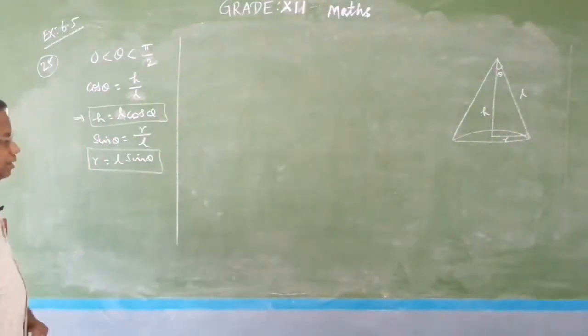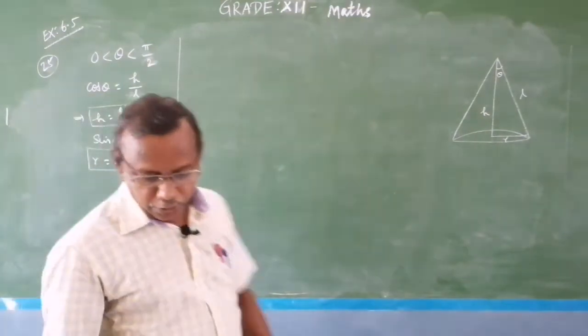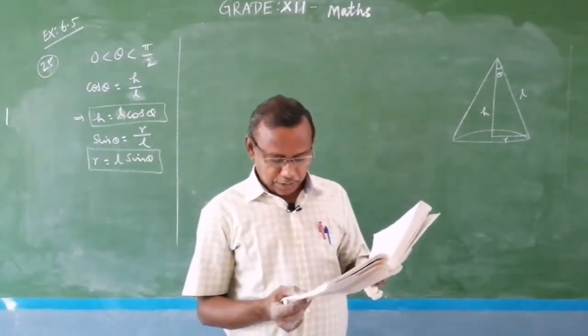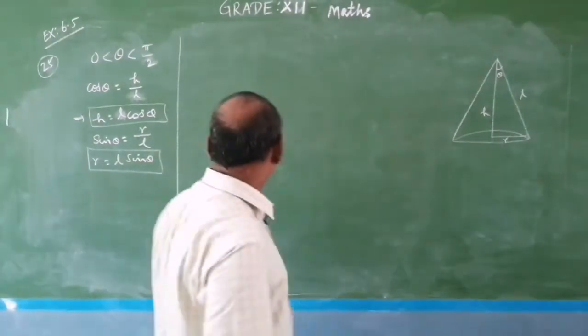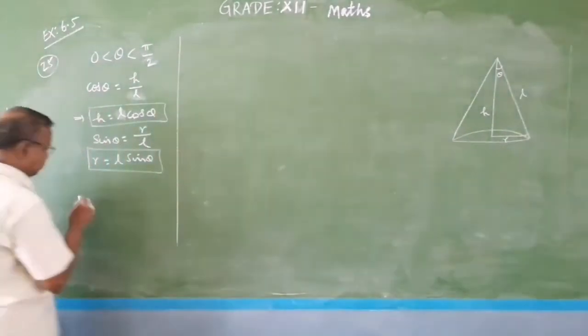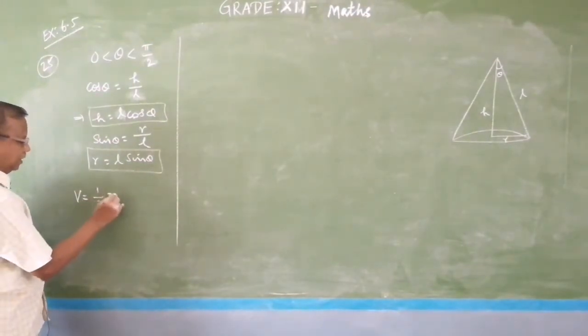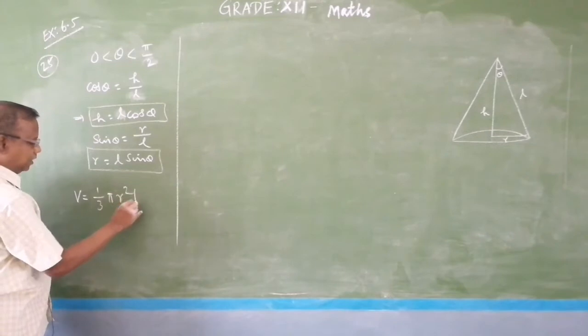Now we have to show that the volume is maximum, so we have to consider volume. We know that the volume of a right circular cone is 1 by 3 pi r square h.